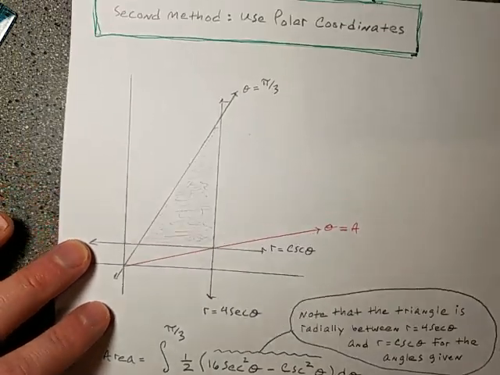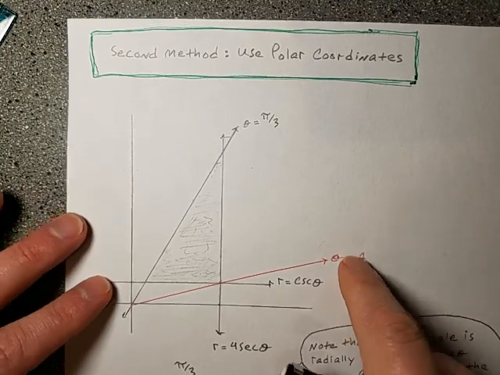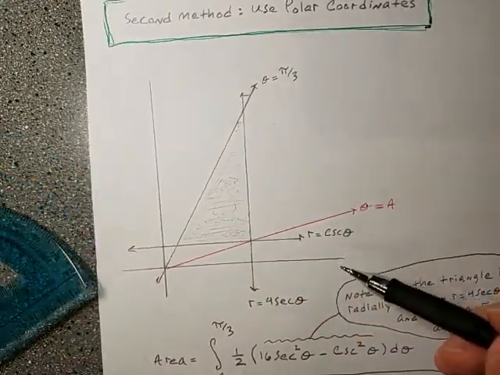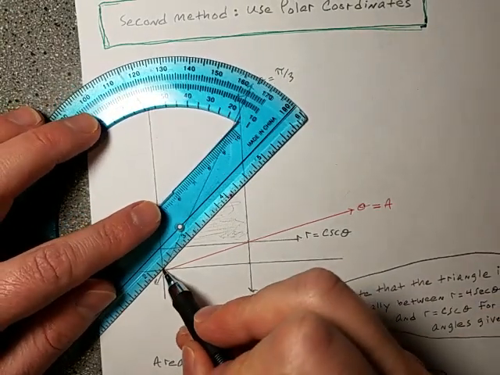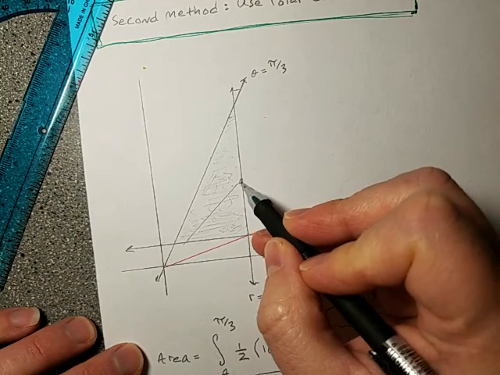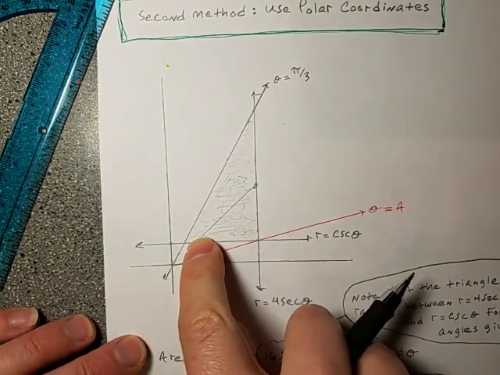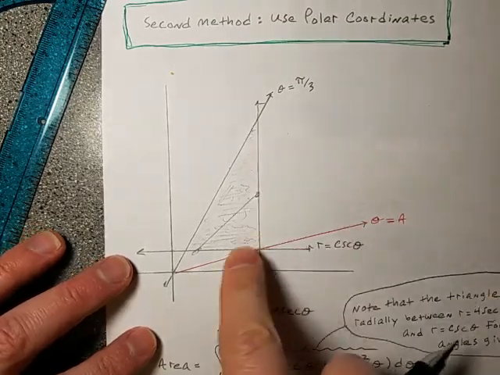Well, between angle A and pi over 3, is it true that in a radial fashion the space is between this curve and that curve, or this graph and that graph?